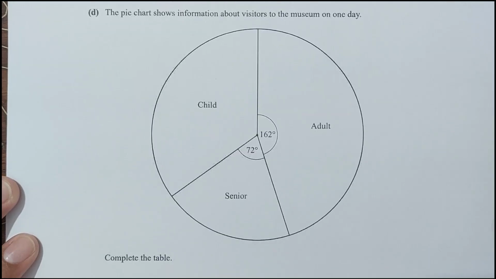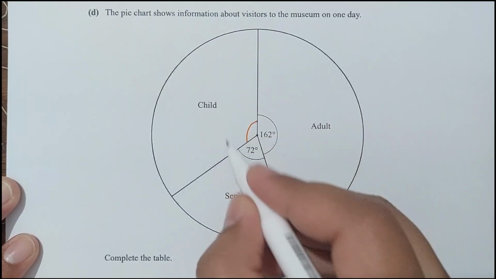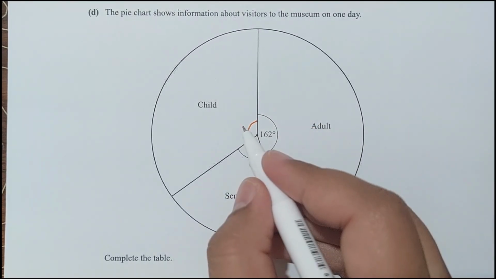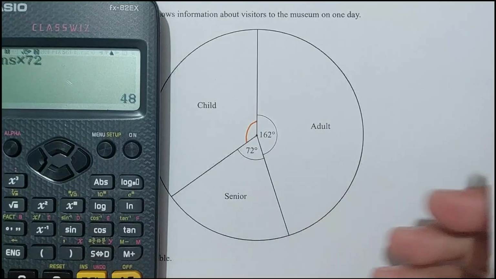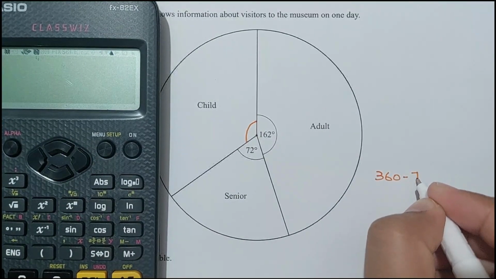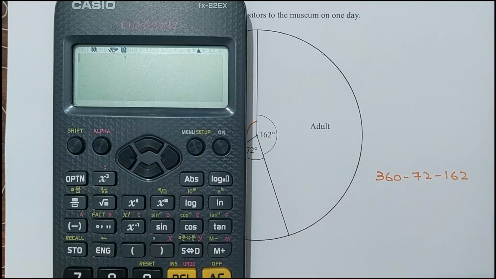Let me find out the angle for child, because we know the whole circle is 360 degrees. The sum of 162 and 72 plus the child is 360. So we can say 360 minus 72 and minus 162. This would be for the child.